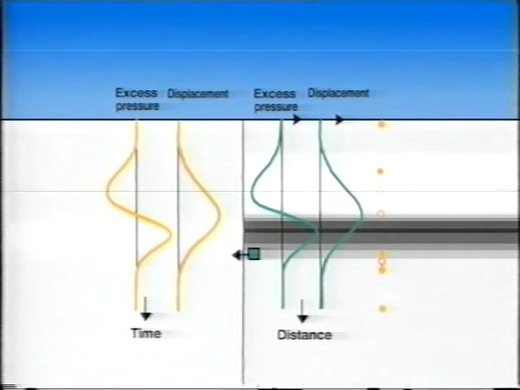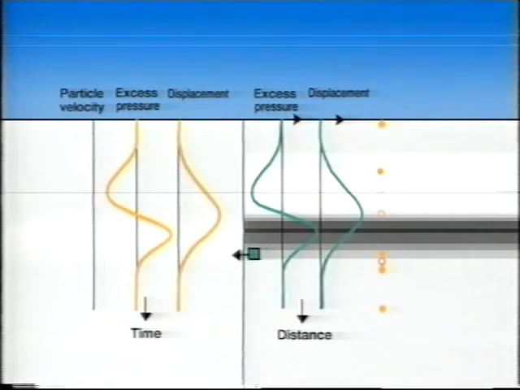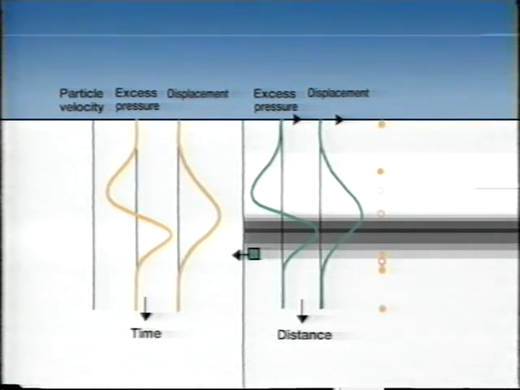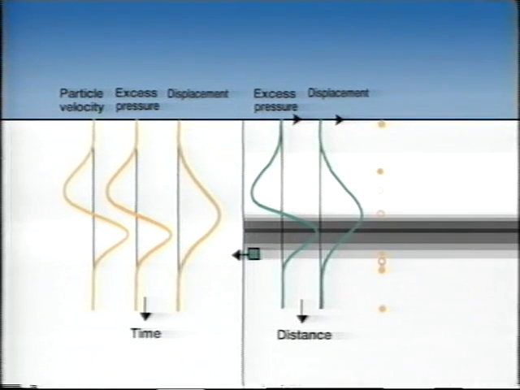There's another variable we might measure, the velocity with which the particles are moving. From GP201, we know this must be the slope of the displacement curve. The differential of particle displacement is particle velocity. From which we can see that in a plane wave, the graph of particle velocity has the same form as that of excess pressure.